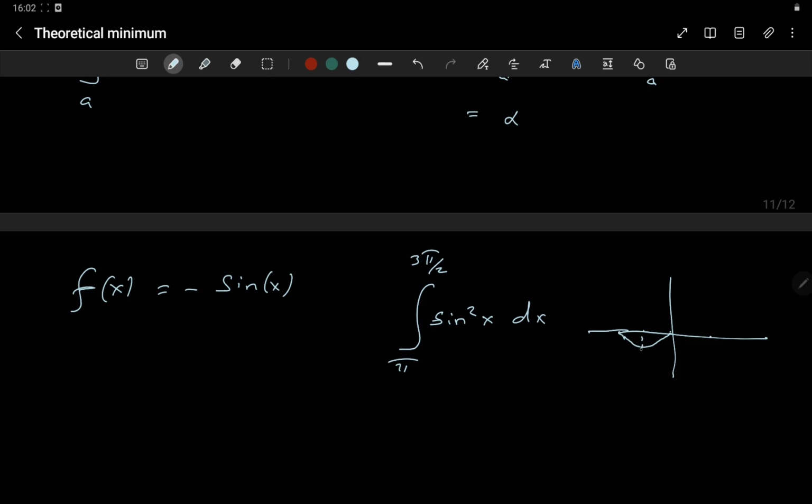But when I do the square, sine square, what is the sine square between that interval? It is positive, something like this, I don't know. So once again you will get a positive value, area under the curve is positive. So that's the inner product.